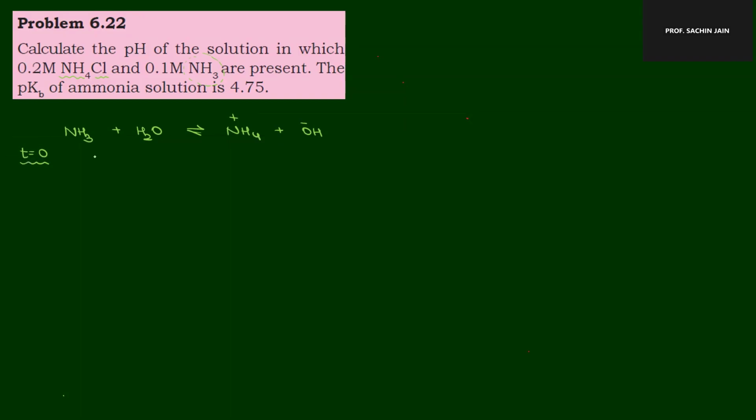See अमोनिया का initial concentration कितना दिया है? 0.1. पानी नहीं consider करते. Ammonium at the start, do we have any ammonium at the start? No. Do we have any ammonium at the start? In the solution, you have 0.2 molar ammonium chloride and 0.1 molar ammonia. तो इस solution के स्टार्ट में अमोनियम है या नहीं? है ना?